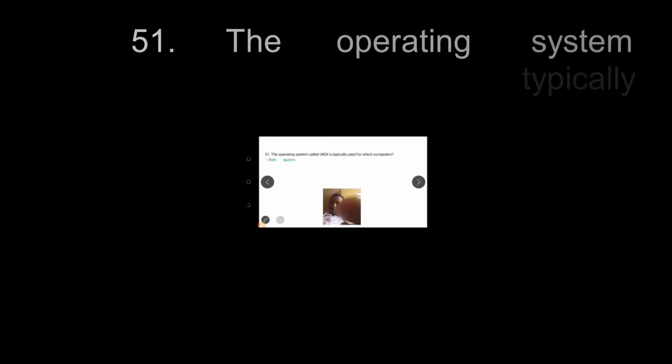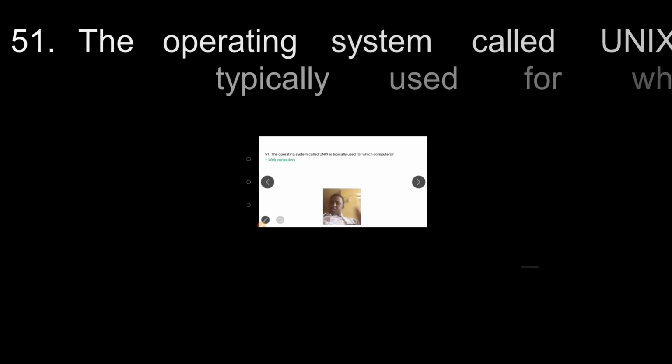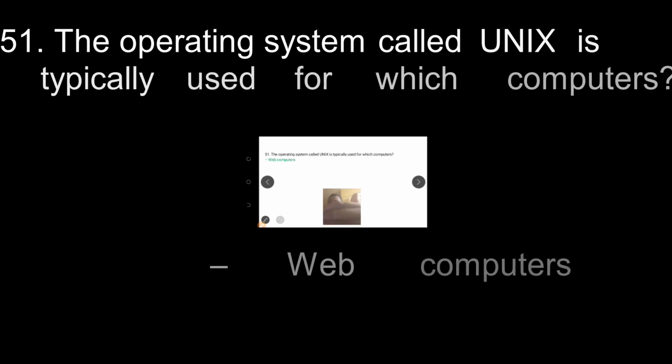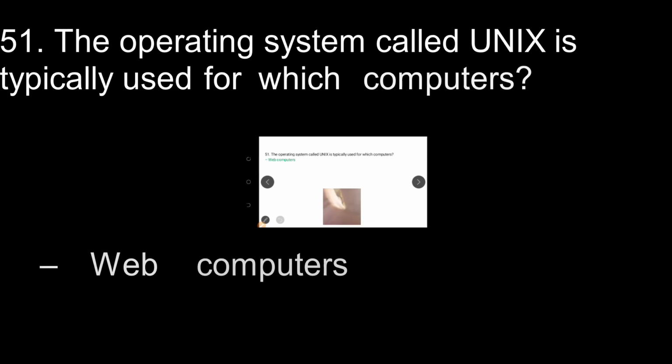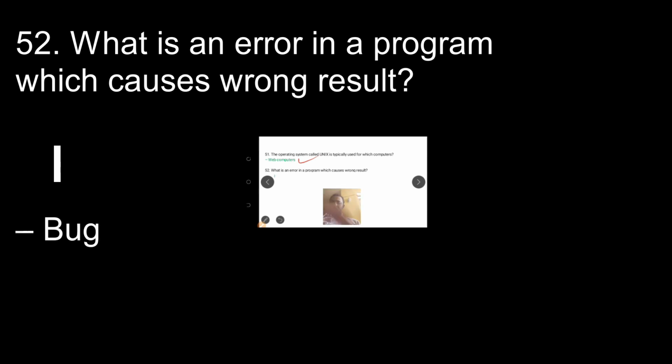Continue. The operating system called Unix is typically used for which computers? What is an error in a program which causes wrong results? Bug.